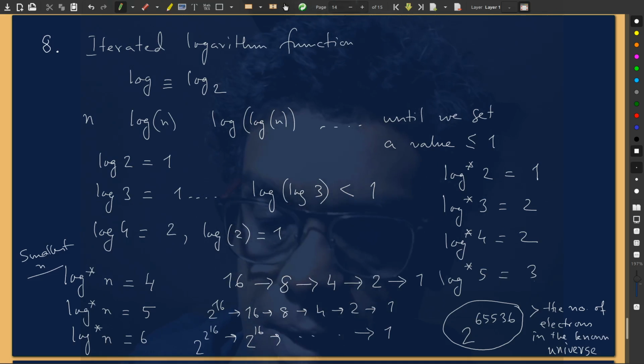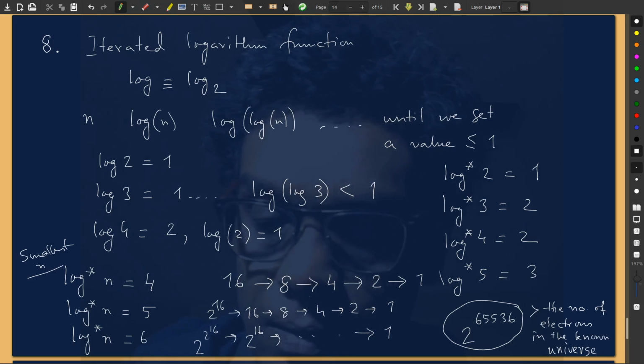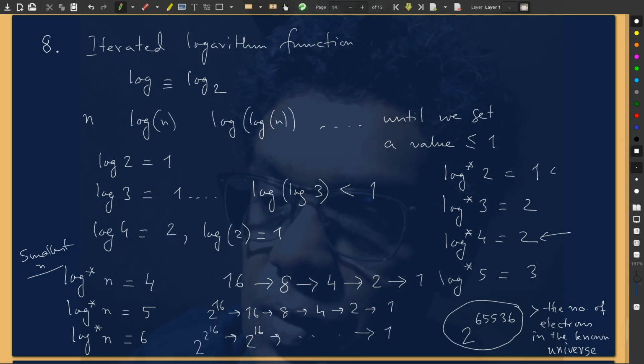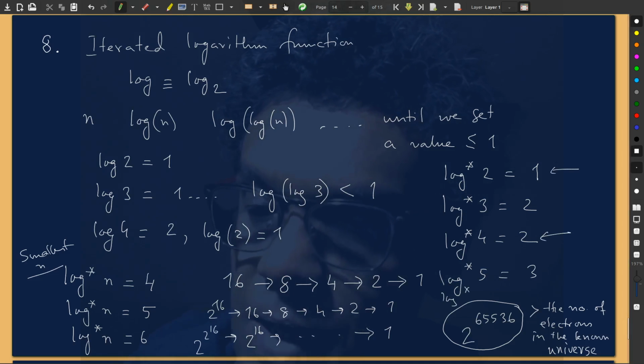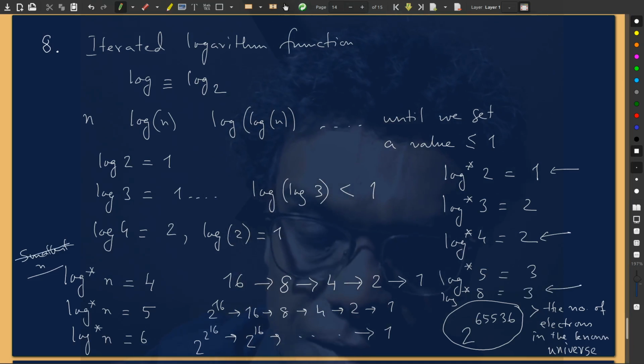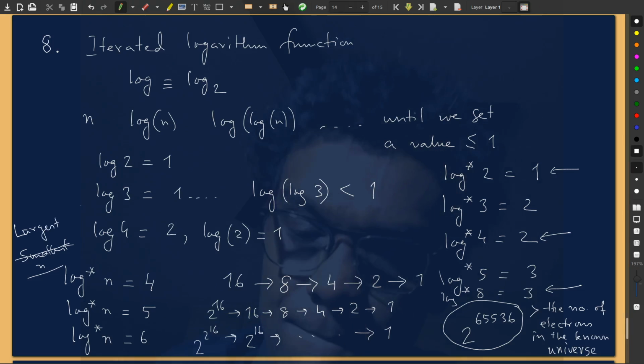Log star 8 also is 3, right? So this is not the smallest, it is the largest.